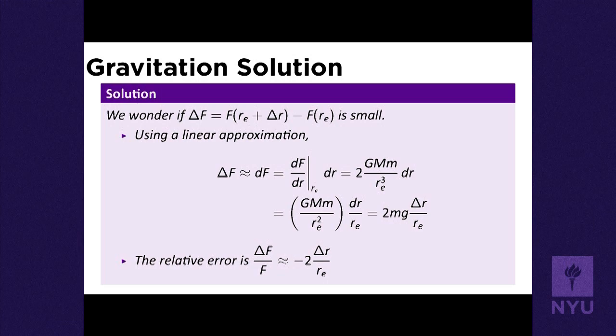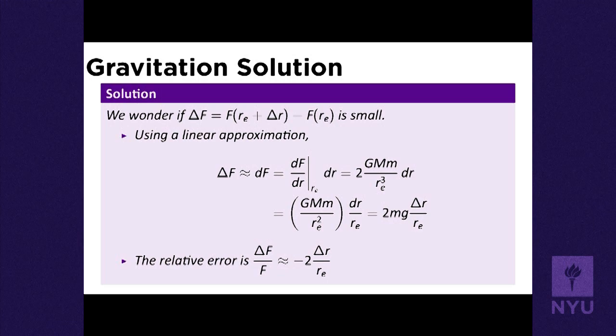Now remember, this could get a little weird. F of r was g times m divided by r squared. That's like g times m times r to the minus 2. So you can use the power rule to find the derivative. And you get negative 2 times g times m times r to the minus 3. So f prime at the radius of the Earth is negative 2 g m divided by radius of the Earth cubed.